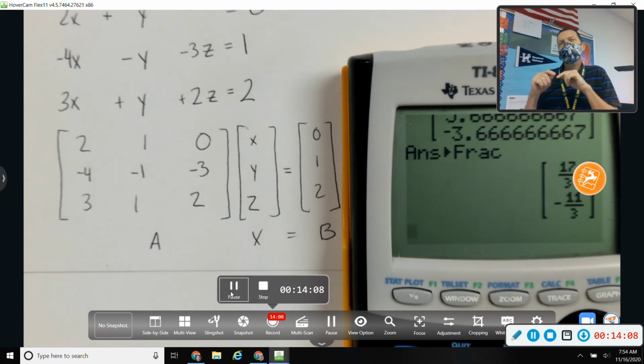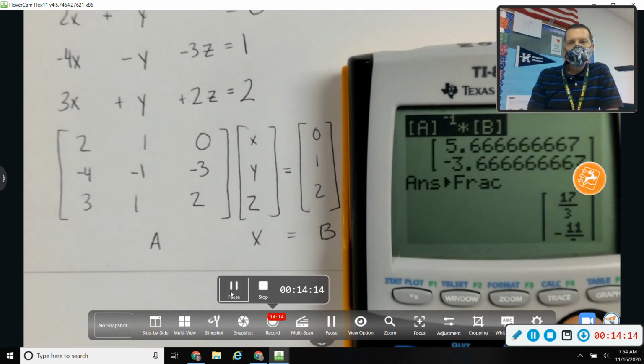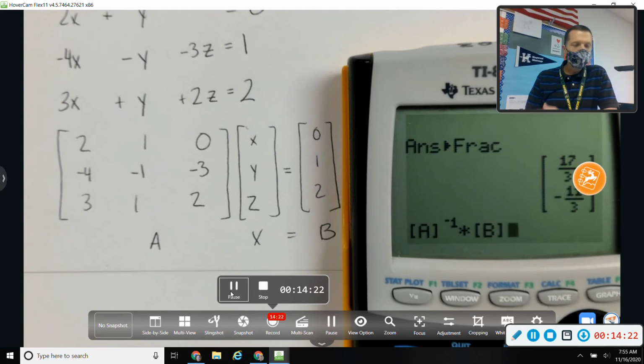Because you got to go get the matrix and then press inverse and then go get the other matrix. So I'm going to scroll back up, and there's what I want to do. I want to do A inverse times B. So I can hit enter on that, and it will bring it back down, and it'll do A inverse times B again, except now A and B are different, so this will give me my right answer.